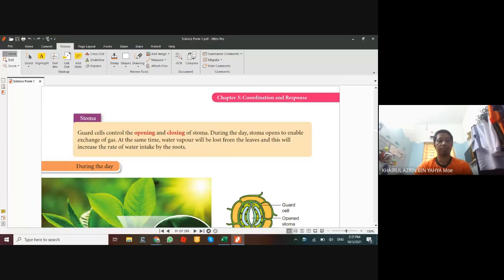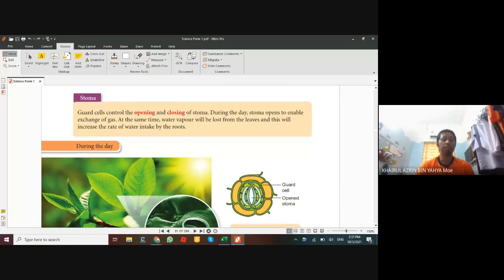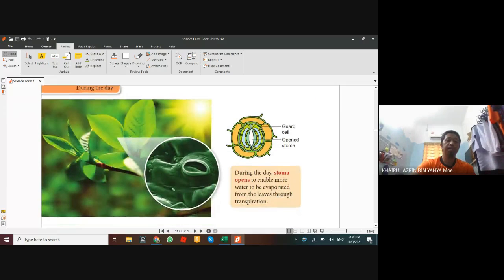So stoma. What is stoma? Guard cells control the opening and closing of stoma. During the day, stoma opens to enable exchange of gas. At the same time, water vapor will be lost from the leaves, and this will increase the rate of water intake by the roots. So this is during the day.